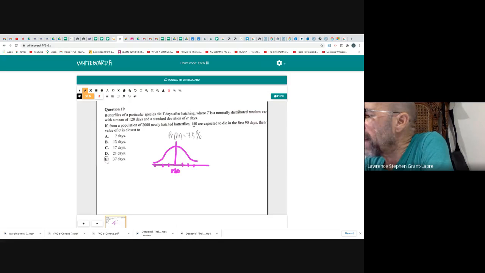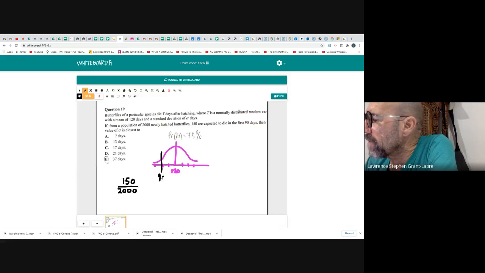Now, it says if from the population of 2,000, out of 2,000, 150 are expected to die in the first 90 days. Now, 90 days is somewhere, we just don't know where. 90 days here.